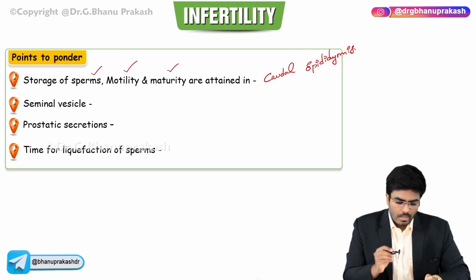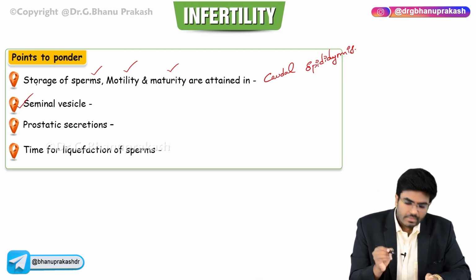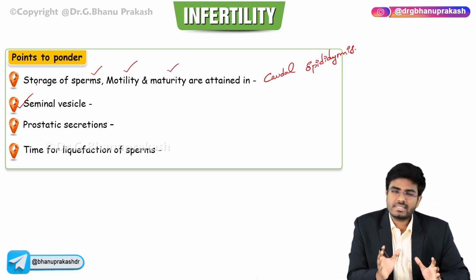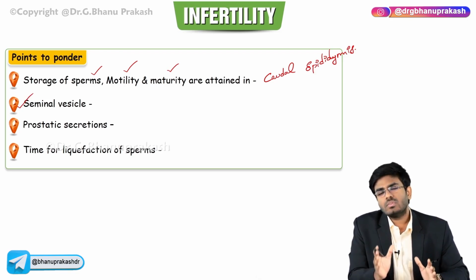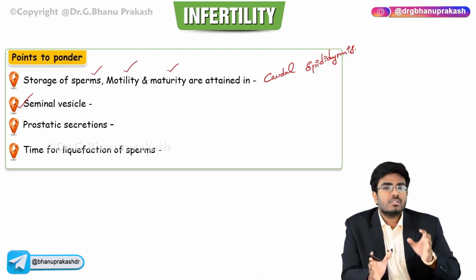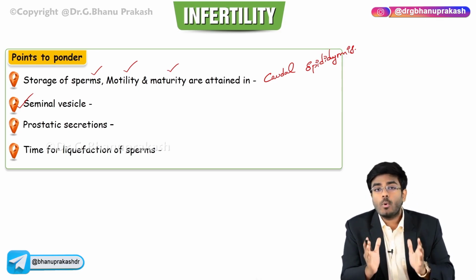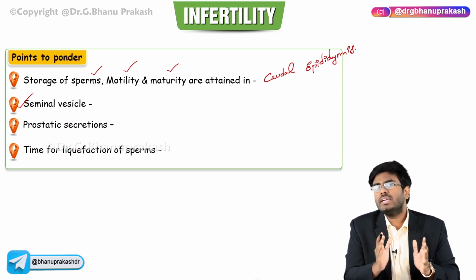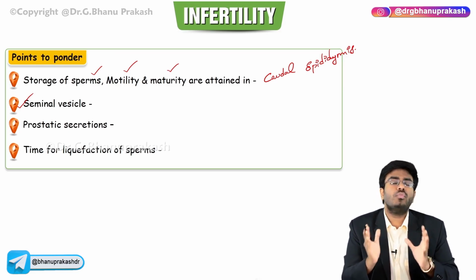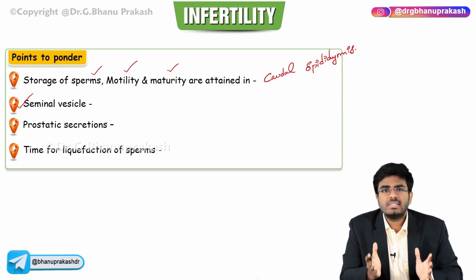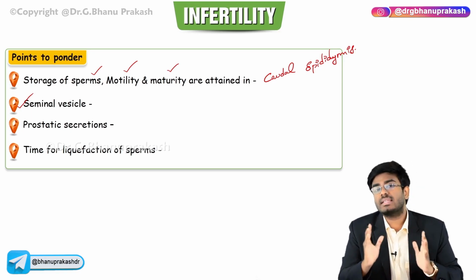Okay, now let's talk about the seminal vesicle for a minute. Guys, the seminal vesicles present in a male, what is the function of this seminal vesicle? They release secretions which make around 50 to 60% of the semen. See, semen and sperms are not one and the same.